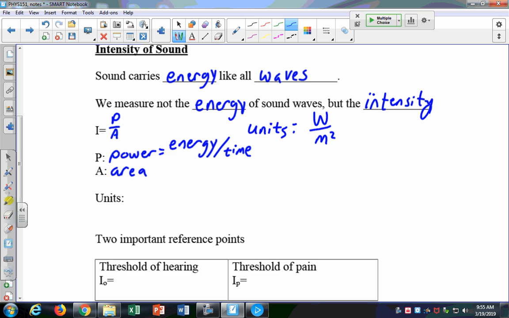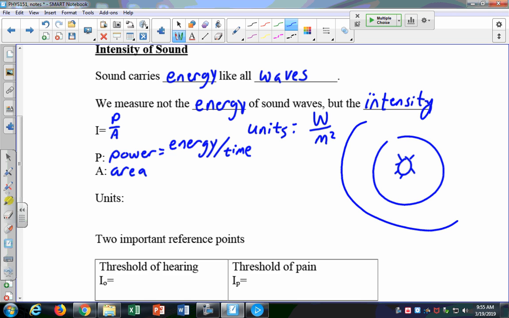So if you imagine that you have this source of sound, we'll think of it as a spherical source of sound. So it's sound that's going out. Imagine you have a spherical speaker in the middle there, and it's booming out sound in all directions. We know actually speakers are usually directional, right? They send sound only in one direction or in a big cone. But as those sound waves go out, the intensity of the sound waves will decrease.